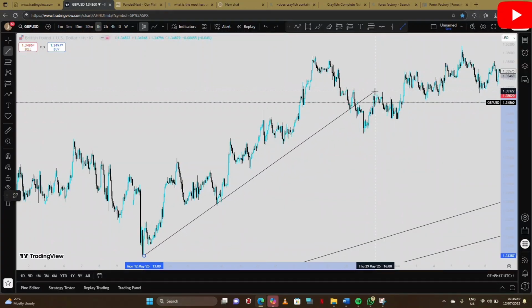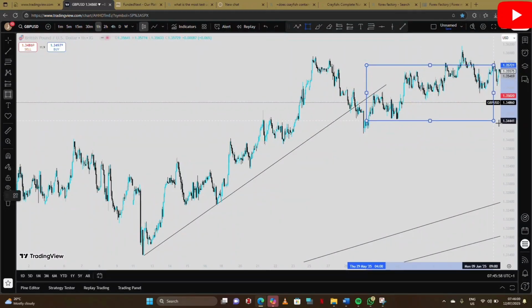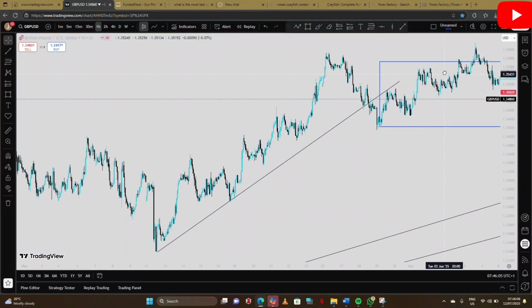And you're expecting this market to bounce off this point. Let me say everything in the blue box never happened.